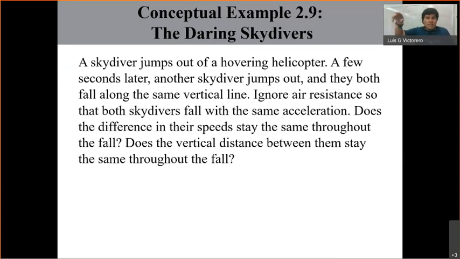Does the difference in the speed stay the same through the fall? What do you think? Does the vertical distance between them stay the same through the fall? So the difference between their speed, guys, depends on gravity. Whenever you are falling, whenever you jump, parachuting, no, it's not a good example because with a parachute you slow down. Skydiving is like you go with gravity, right?